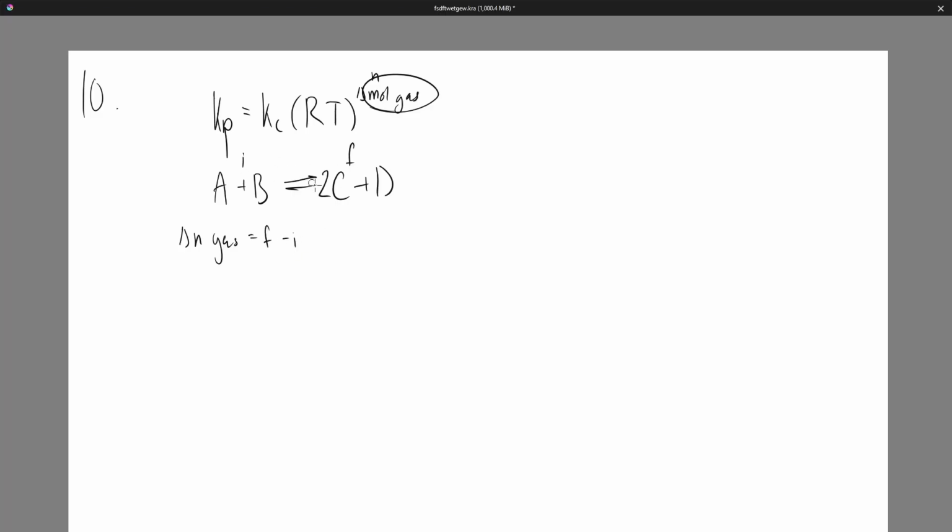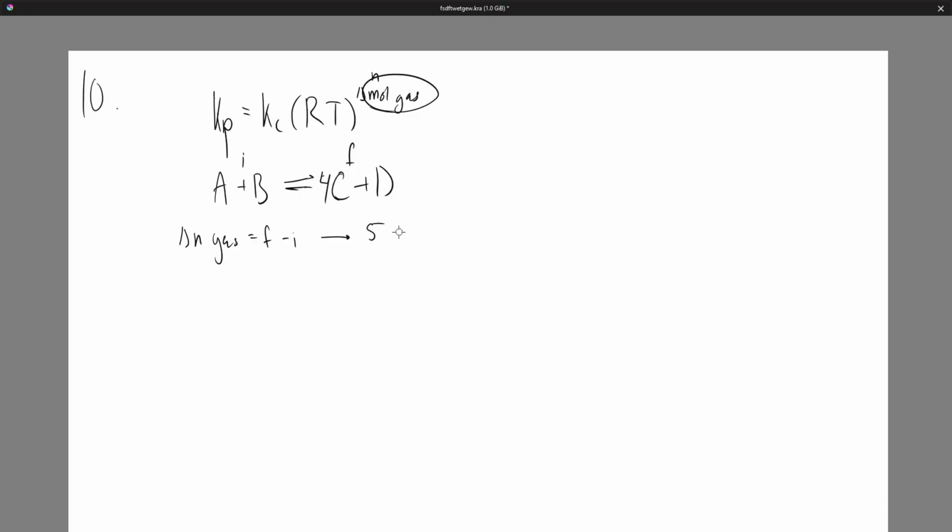Final minus initial. This side has 3 moles of gas minus 2. Actually, that's a bad example. Let me make it like a 4 right here.